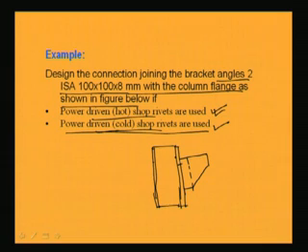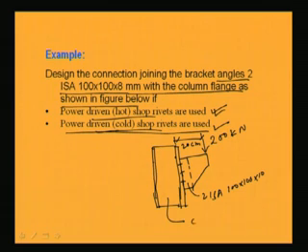So, we are going to provide some rivets here, and this force is acting, 200 kilonewton, with an eccentricity of say 20 centimeter, and these are the two angles of 100 by 100 by 10. This is the column, right. So, the load is given 20 centimeter away from the connection. So, basically eccentricity is 20 centimeter.